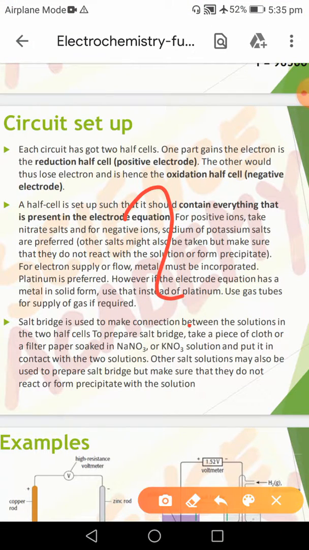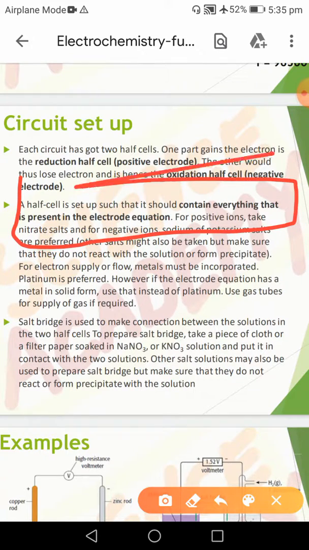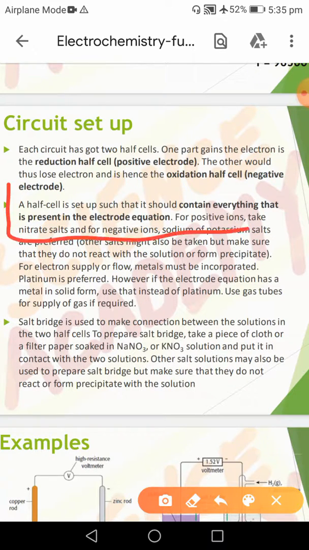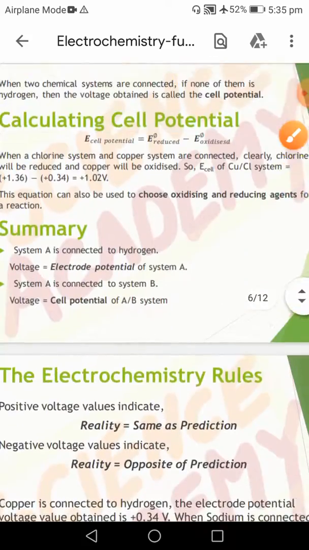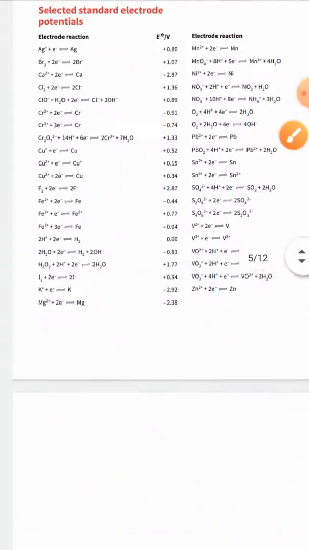How? Let's see. Look, the information is hidden in this portion. What does it say? A half cell is set up such that it should contain everything that is present in the electrode equation. For instance, let's go back to that electrode potential values page.